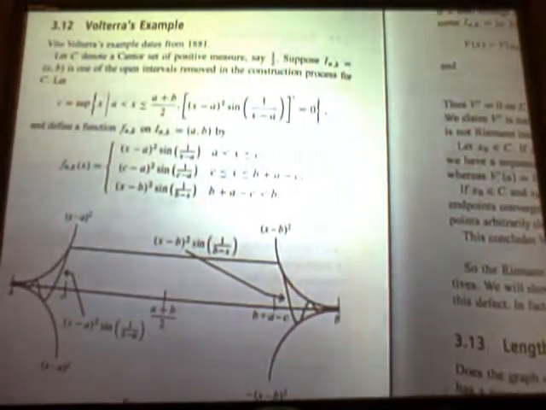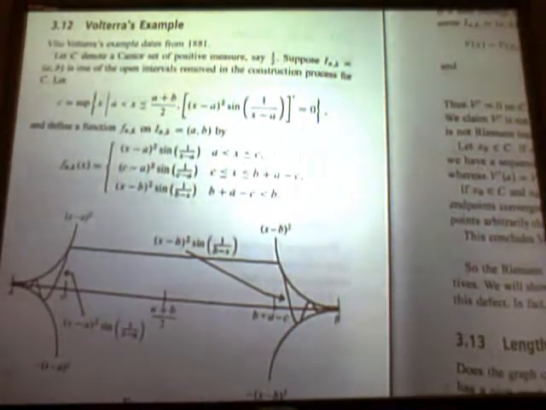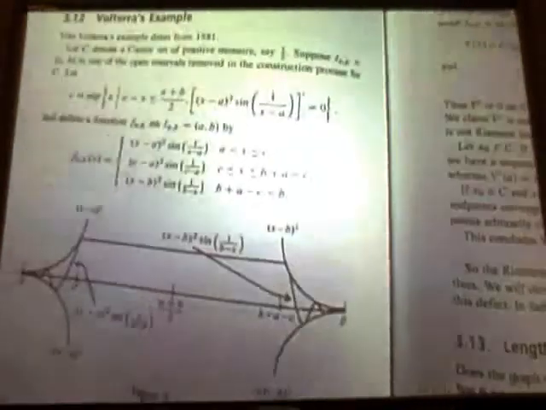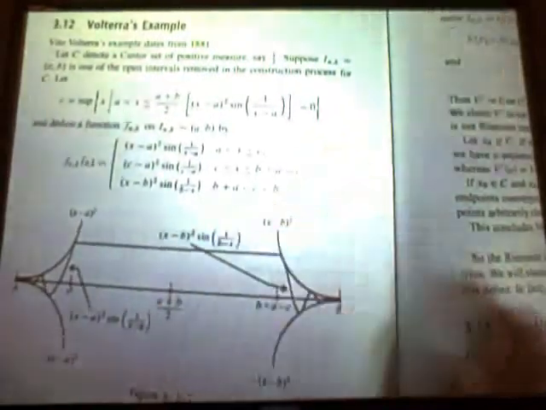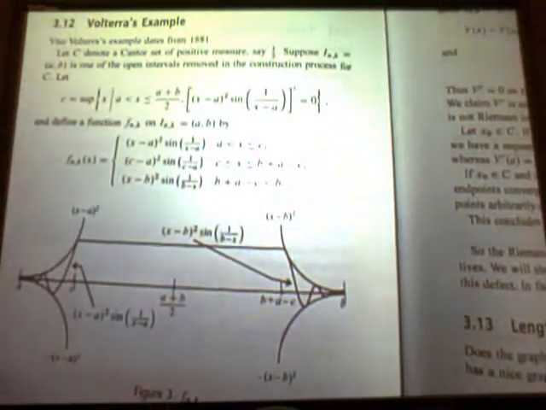Remember on the practice exam I said Smith-Volterra-Cantor? This is the first one of those. And I think it's the same set that you explained last class. Yeah, we took out the 1/2 centered on 1/2, and then we took out 1/4 centered on 1/4 and 3/4.